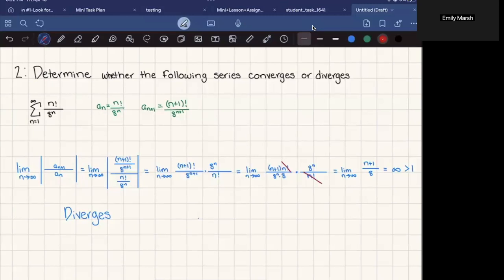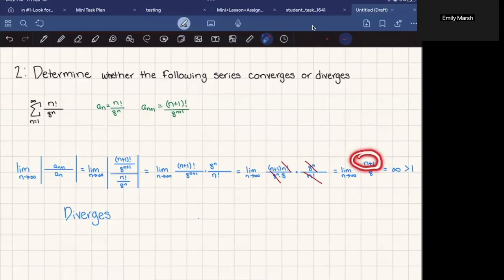We have an 8 to the power of n in our numerator and an 8 to the power of n in our denominator. From there, we have this simplified version: the limit as n approaches infinity of n plus 1 divided by 8.